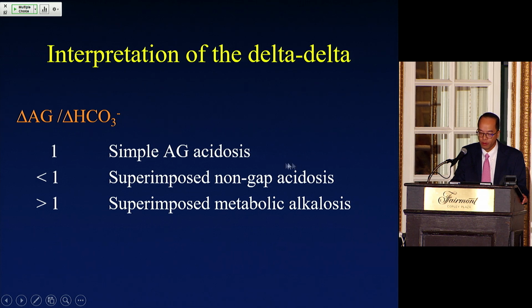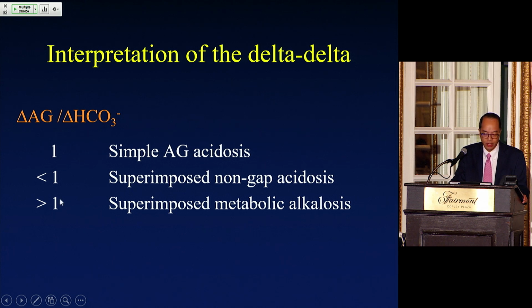So two different forms of acidosis, one of which increases the gap and one of which doesn't. And if you think about it, if the delta-delta was 0, meaning there's no anion gap, that would be a simple non-gap acidosis.